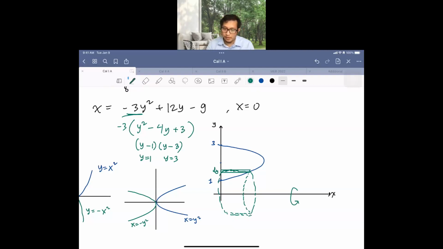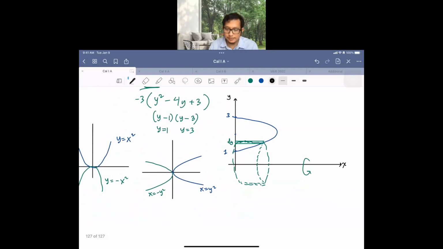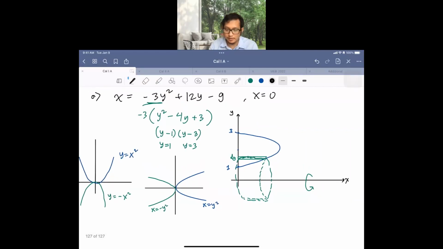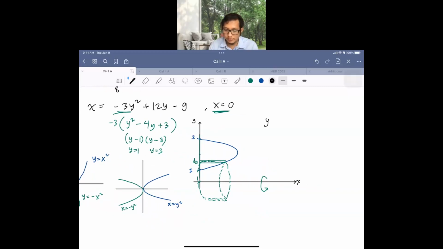Okay, now since we have the endpoints, from the restriction x equals 0, which is just here, the green one, we could write down our formulation for the volume.